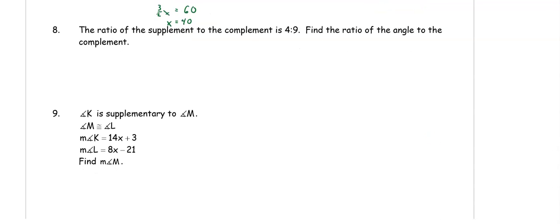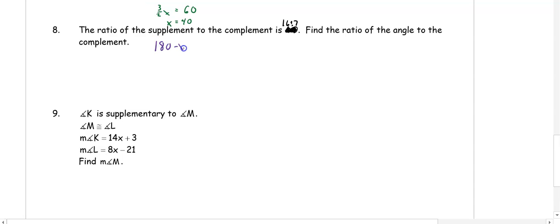In number 8, the ratio of the supplement to the complement is 4 to 9. So we're actually going to change that to be 16 to 7. Find the ratio of the angle to the complement. If we are doing ratios, remember ratios are fractions, so we are comparing supplement to complement.